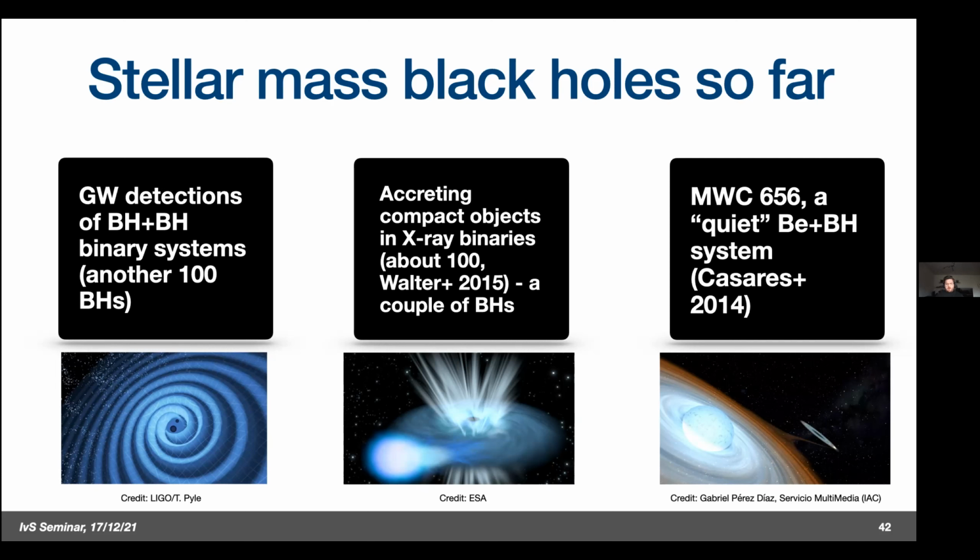And the only X-ray quiet massive star plus black hole companion found with certainty so far is MWC 656. This is a Be plus black hole system, where a Be star is simply a B star with emission, and this is thought to be potentially due to that B star having a disk from rotating very quickly.